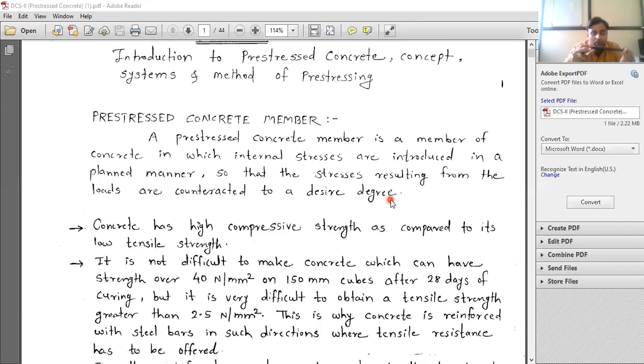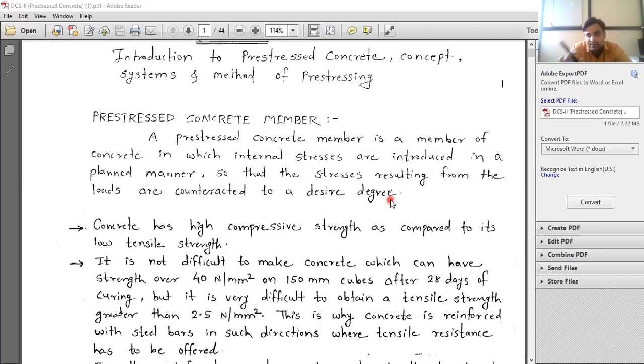In this beam, we introduce internal stresses in the fibers of the member in such a way that the stress we have introduced is in the opposite direction to the stress due to loading. So both stresses counteract each other, and the net effect is a nullifying effect.